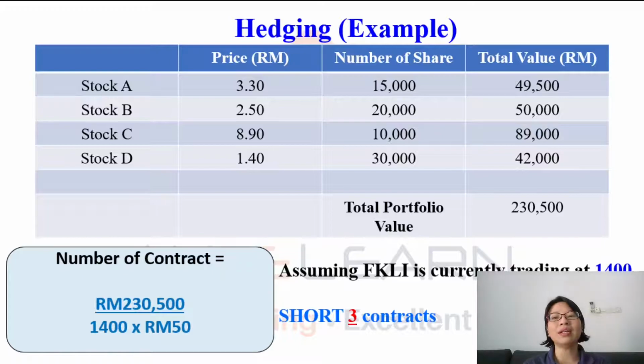So hedging, in short, is used when the market is uncertain or the volatility is very high. Sometimes, if your stock portfolio is big enough, you can use futures to temporarily hedge the volatility. We are not looking at a 230,000 stock portfolio here. Let's say your stock portfolio is very big. If you want to sell your shares, sometimes it's not easy.